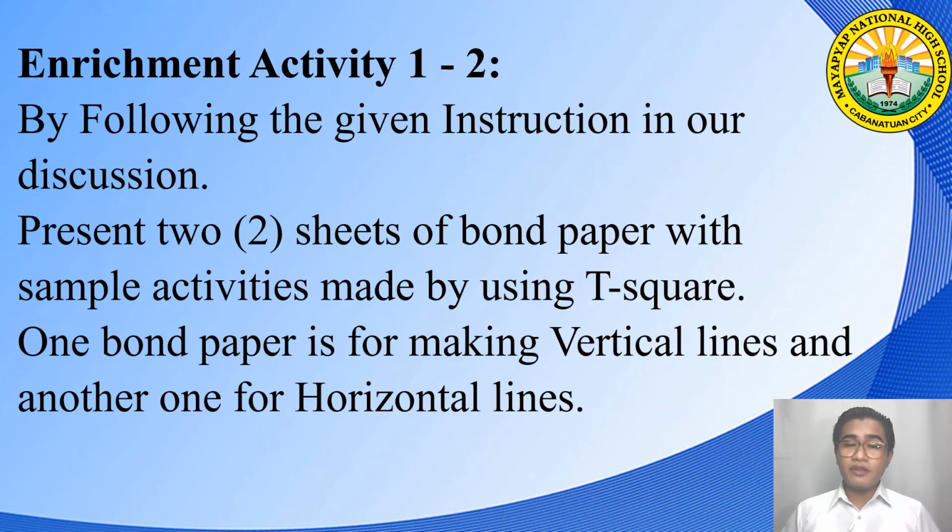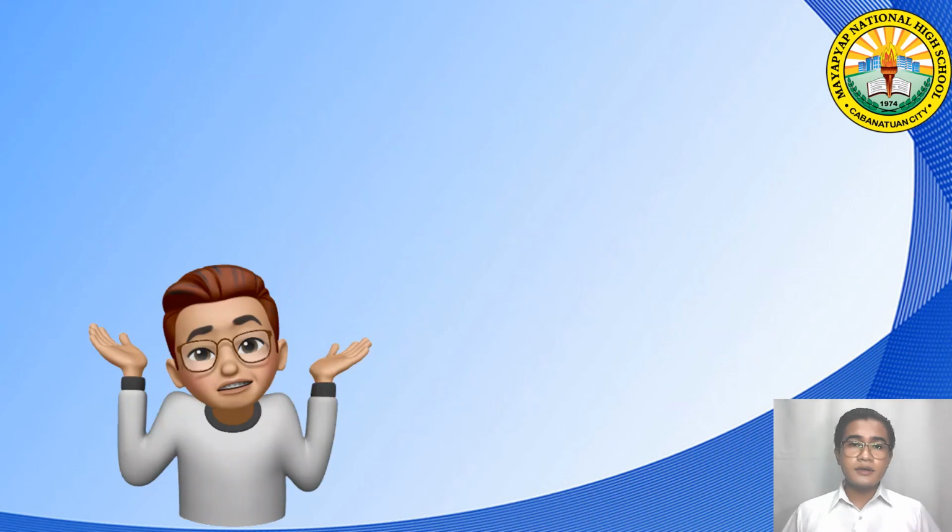One bond paper is for making vertical lines and another one for making horizontal lines. Copy the given template using your T-square on your bond paper. There is already a given example on your activity sheets. All you have to do is copy the template by using the T-square to make vertical and horizontal lines.